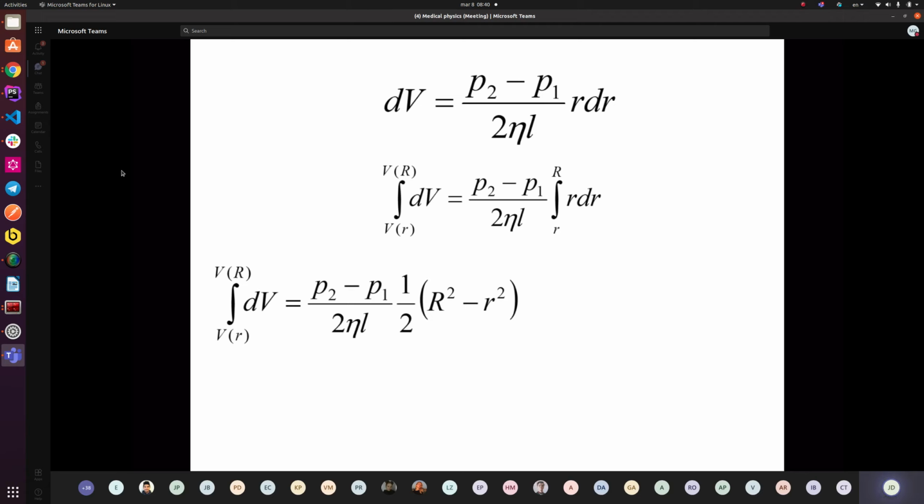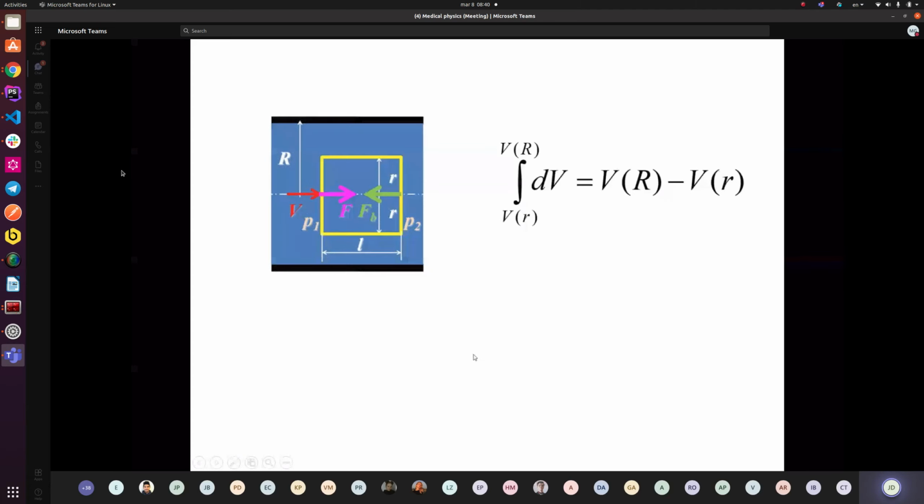If you finalize the integration, we have the formula for V. The integral of dV is equal to the velocity at radius R minus the velocity at radius r.